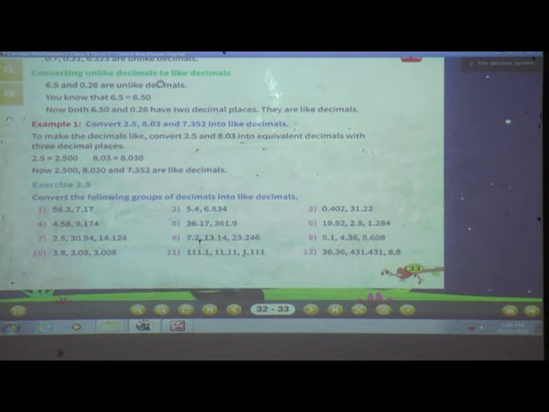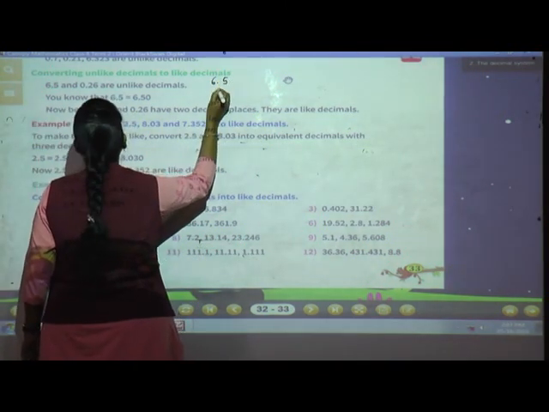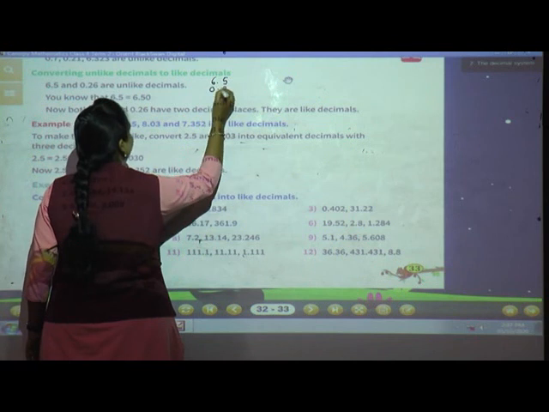Now converting unlike decimals to like decimals. See how we can convert unlike decimals into like decimals. For example, 6.5 and 0.26 are unlike decimals, isn't it? Why? See here, 6.5, 0.26.